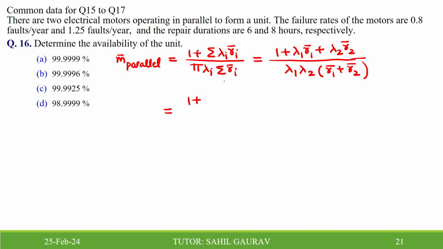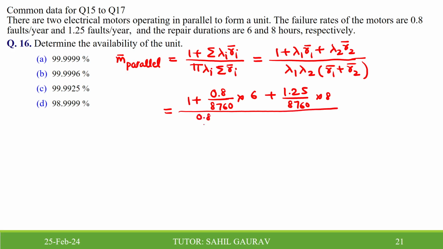Lambda 1, the failure rate, is 0.8 faults per year. If we convert into hours, it will be 0.8 divided by 8760, and the R1 value we know is 6. Lambda 2 is 1.25 faults per year, so it will be divided by 8760 to get it in hours, and multiplied by 8, that is the R2 bar value.